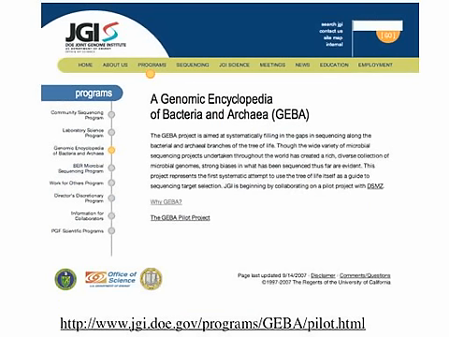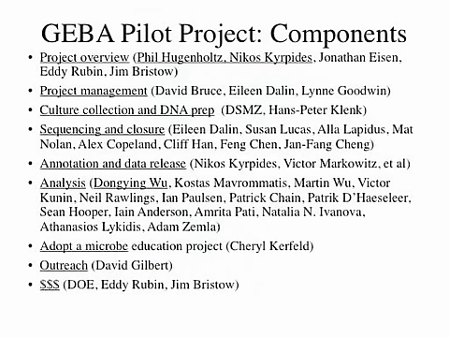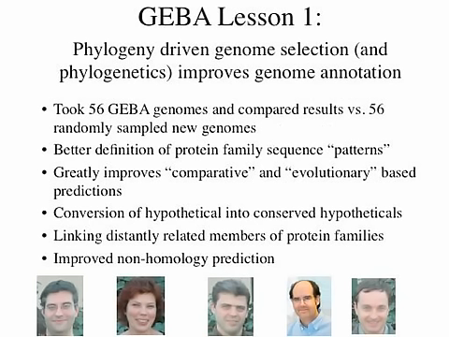So we had a project originally when I was at TIGR to sequence 8 representatives of novel phyla for which genomes were not available, that was funded by NSF. More recently, I've been coordinating a project called the Genomic Encyclopedia of Bacteria and Archaea at the DOE Joint Genome Institute, where we've been really filling in the tree of bacteria and archaea of cultured organisms with representative genome sequences.